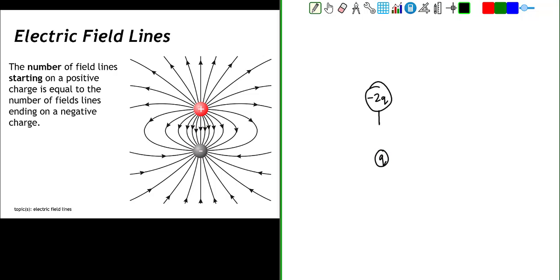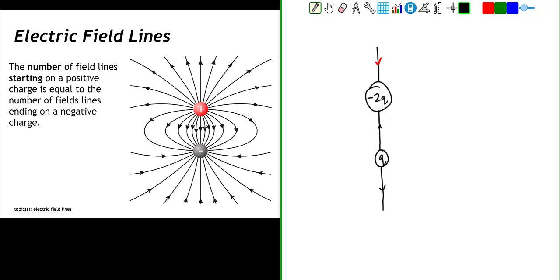So we will be drawing twice the number of electric field lines entering negative 2q as is leaving q. Now this field is going to be influenced by each other. So I will just draw a couple representative field lines.